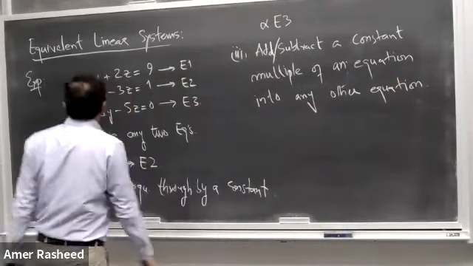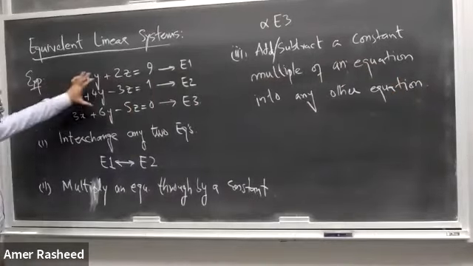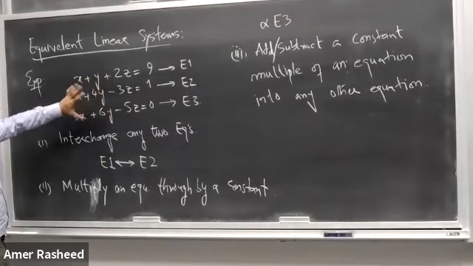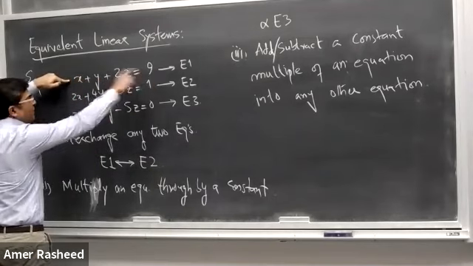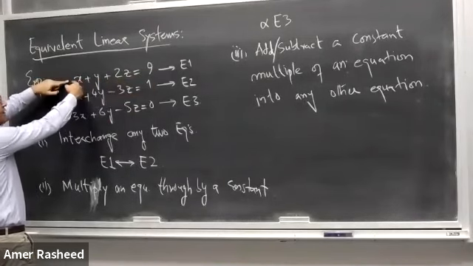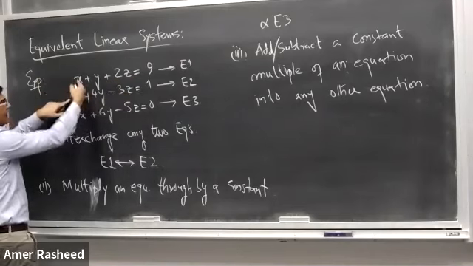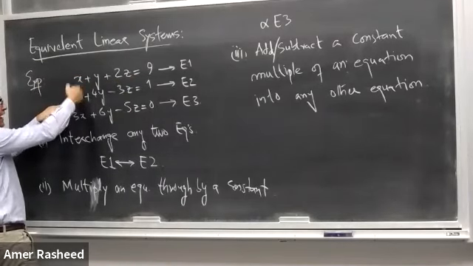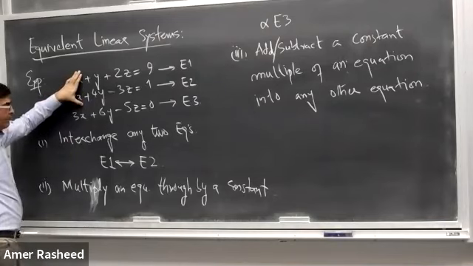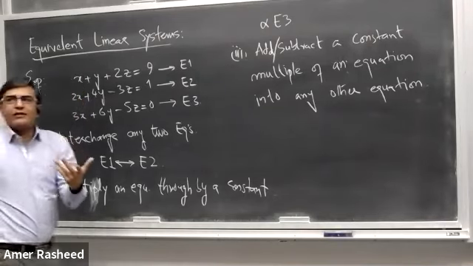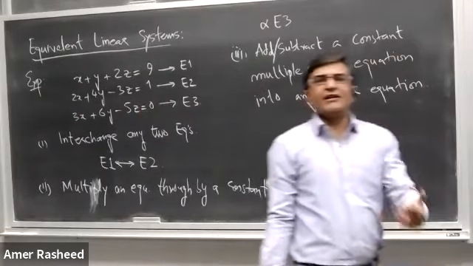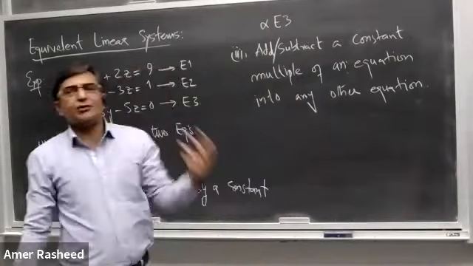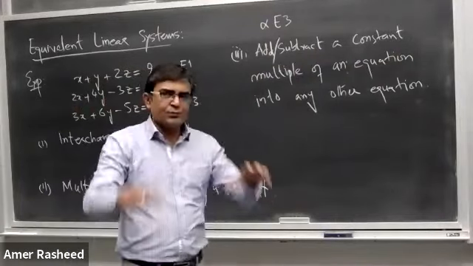What does this mean? In order to solve this linear system, we can multiply, for example, equation 1 by 2 on both sides, and then subtract from equation 2. Then the coefficient of x will be eliminated. So this is how we solve them simultaneously. This kind of operation is also allowed, and the resulting linear system will be equivalent to the original linear system, meaning both linear systems must have the same set of solutions.